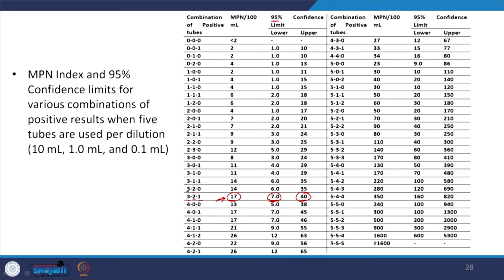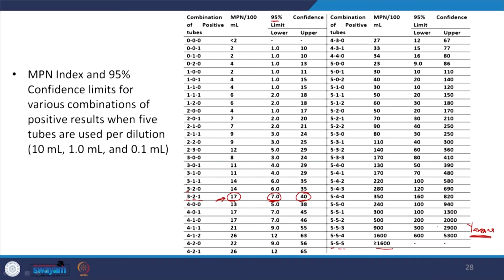Obviously, if it is all 5, 5, 5, you can't just say it is 1600. Thus, you will see, let us say in the Yamuna, where the MPN will say that it is in lakhs and lakhs, I think if not millions. That is because considerable untreated or partially treated sewage from areas surrounding Delhi, which are not covered by Delhi's sewerage network, comes into the Yamuna, downstream of the Yamuna.